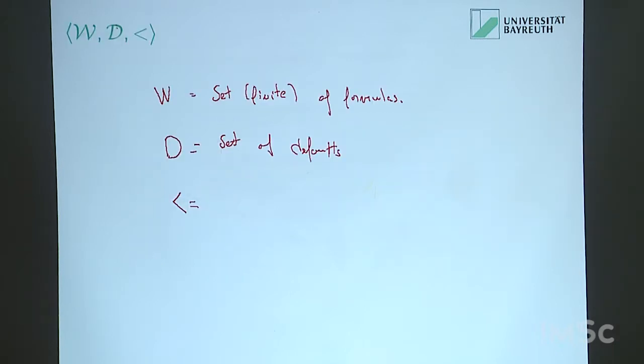The full theory has a priority relation over D. This relation is usually assumed to be transitive, asymmetric and irreflexive, and usually complete, so it's usually an order, but it doesn't have to be. A default is just a pair of formulas.